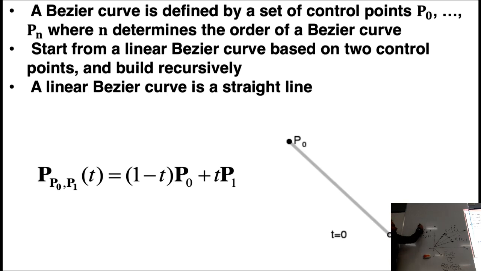This is also known as the end and the origin. So if I do P0 minus P1, what do I get?